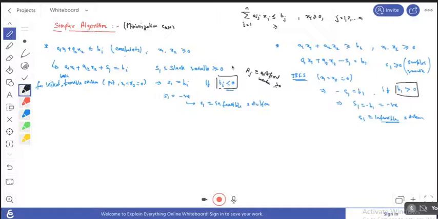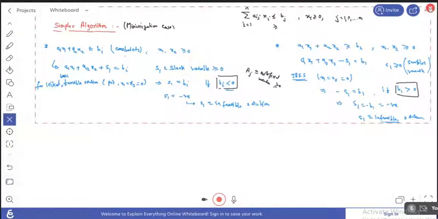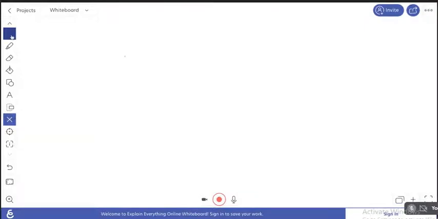On the next page, we're taking the problem of minimizing. Suppose we take a minimization problem: minimize the objective function.